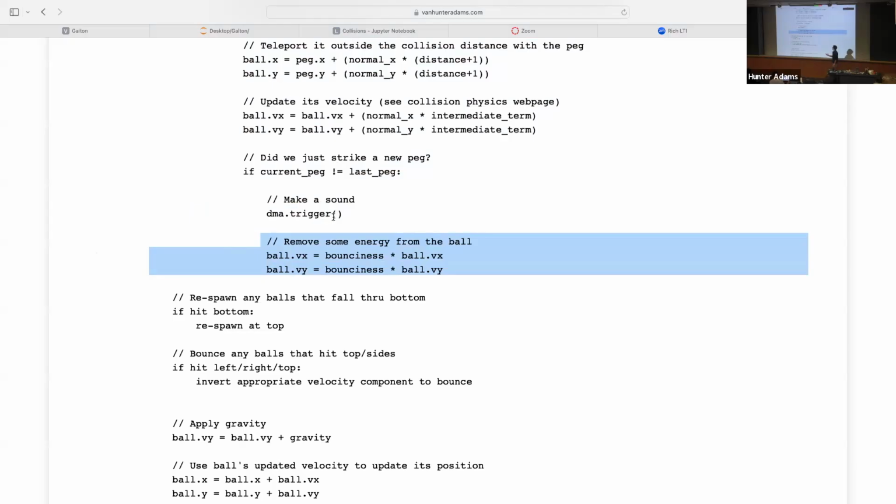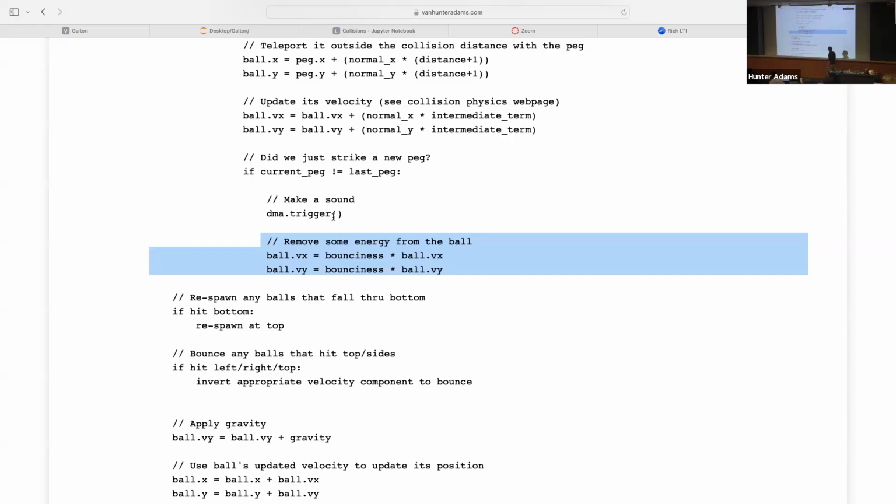To be truly physically correct, the places that that energy would go when a ball strikes a peg would include the things I just mentioned, the sound that it generates, some vibration, some heat, and also spin. We are not modeling the spin of the ball as it bounces through the Galton board. Seems a little bit out of scope for a 3-week lab, but would be perfectly in scope for a final project.